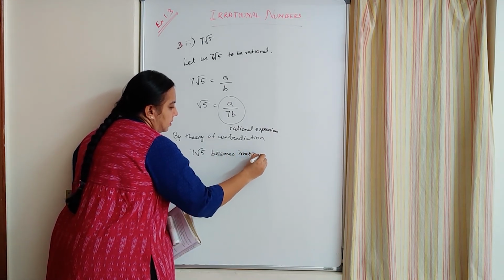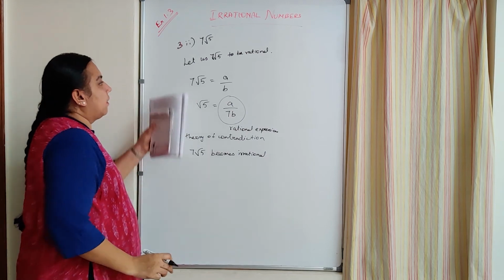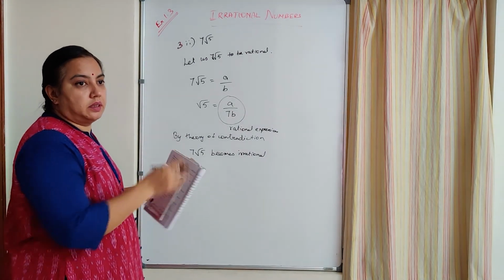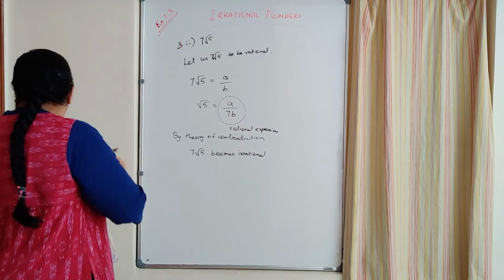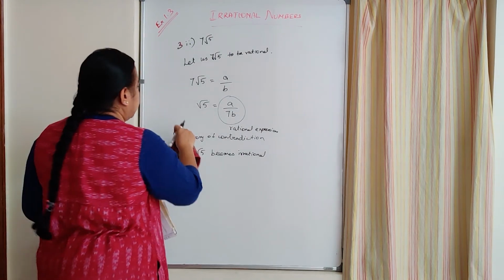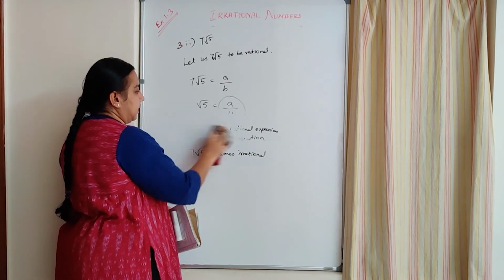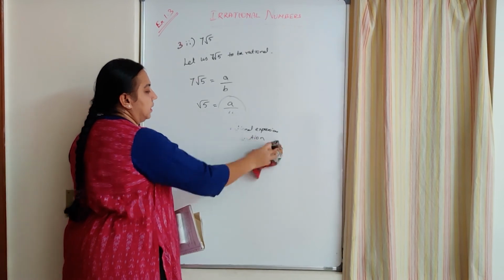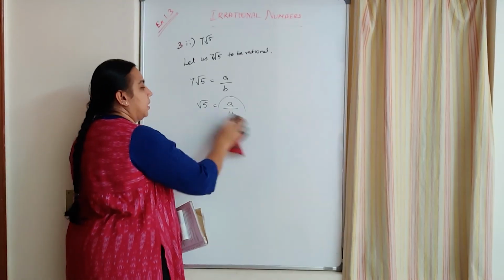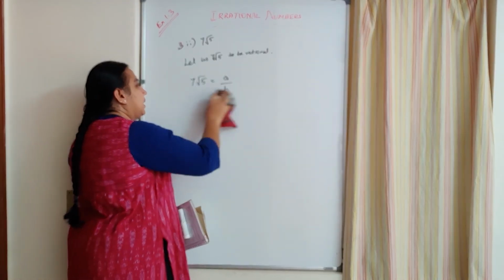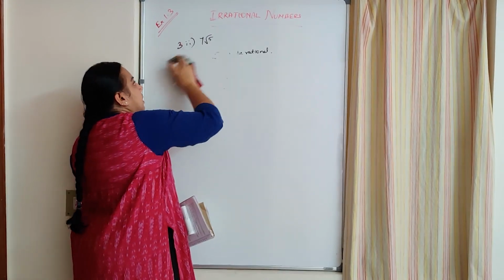Okay. So by now we have done some 5 sums. You would have been knowing the logic now. First we are considering the number to be rational and proving that the end result is a rational number. So it cannot be rational. So because of that reason, we are calling it irrational.